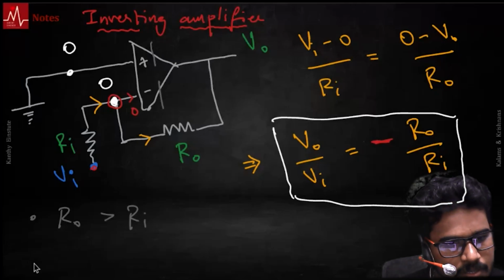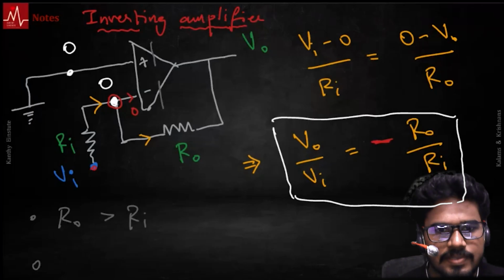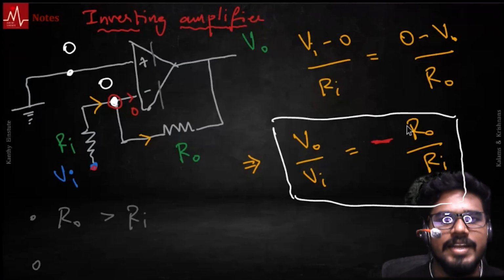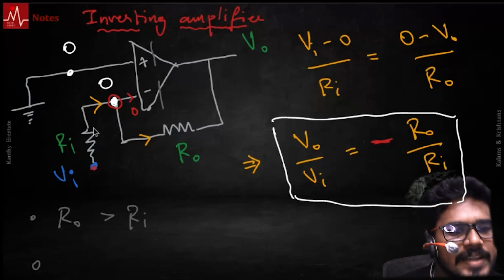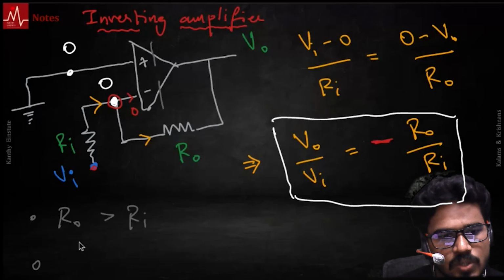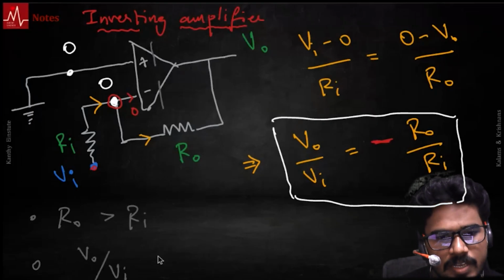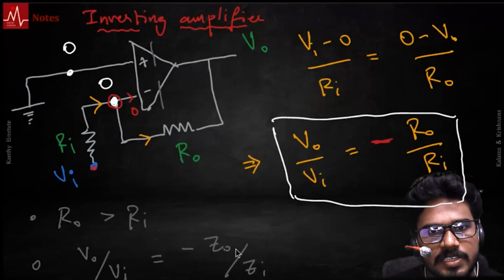And one more thing: what I did here holds good if we have impedances here instead of resistances. So for this setup, V naught by Vi is minus Z naught by Zi. There is a resistor, capacitor, inductor.